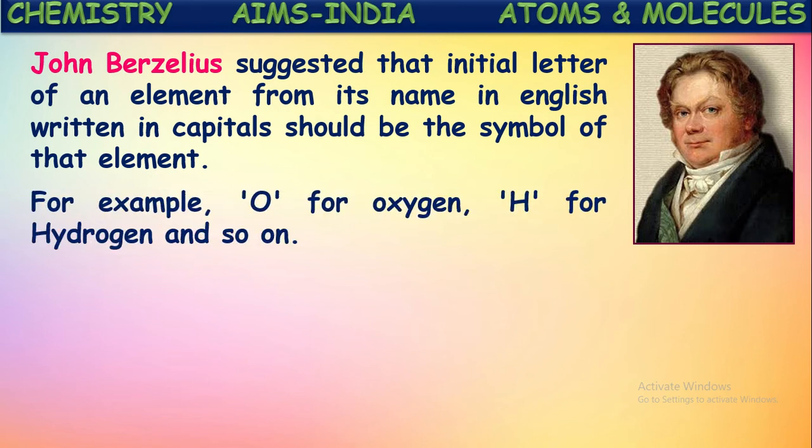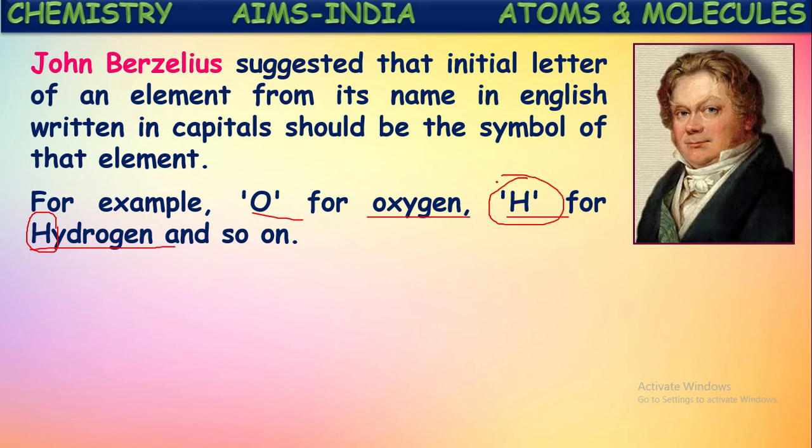For example, if you write oxygen, the starting letter for oxygen is O. This O is written in capital letters and it is taken as its symbol. So O represents the element oxygen, and H represents the element hydrogen, because for hydrogen the starting letter in its name is H. So this H is written in capital letters and taken as its symbol.